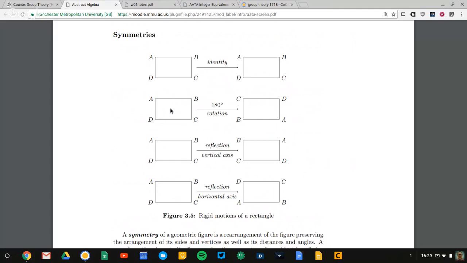It's the same rectangle, absent the vertex labels. It's the same rectangle on either side that you're looking at. These are all transformations that preserve the rectangle, symmetries of the rectangle.